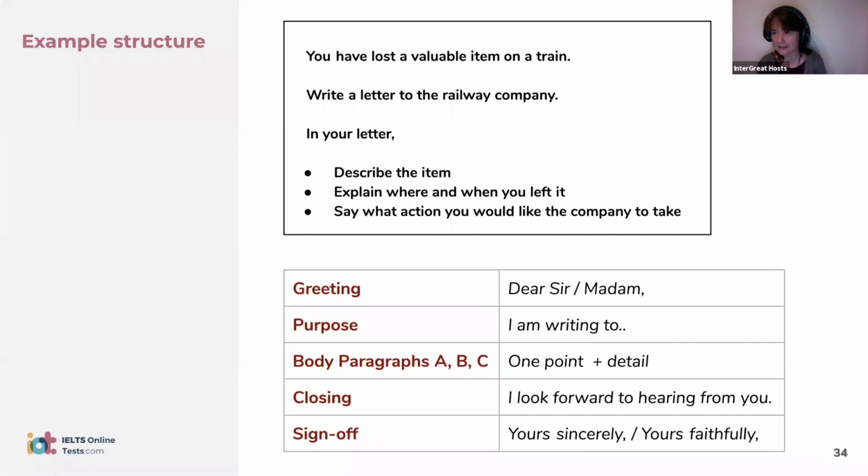We're going to look at the letter conventions in more detail, but this is your structure. If you think of the body as one thing, you've got 5 parts to your letter, and they should all be quite separate. I would always leave a line between paragraphs, just to make it really clear to the examiner that you're starting a new paragraph.